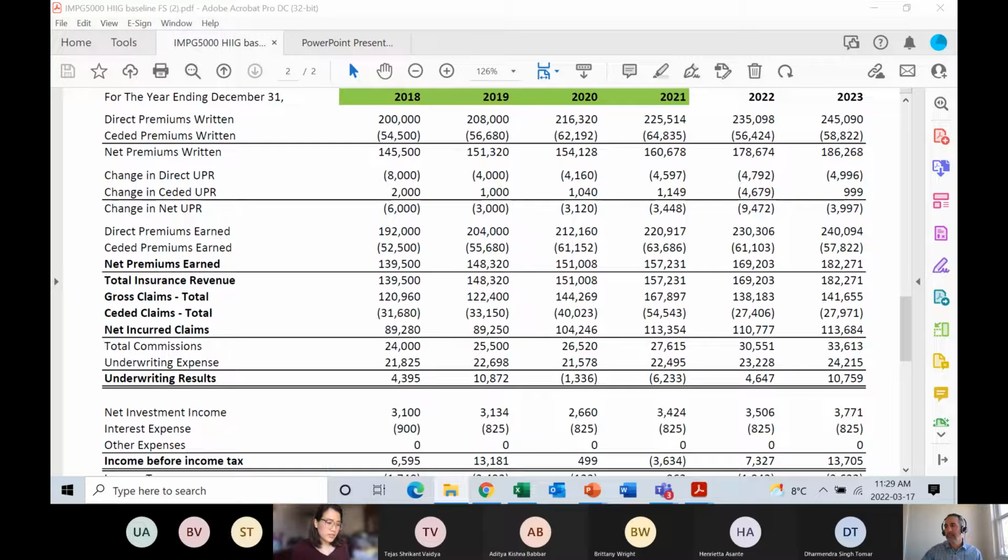And as Henrietta was saying, she pointed out that it was mentioned through the press release that the claim staff is dedicated to fair and timely settlement of claims. So that could be a factor as well in projecting lower claims for these years.